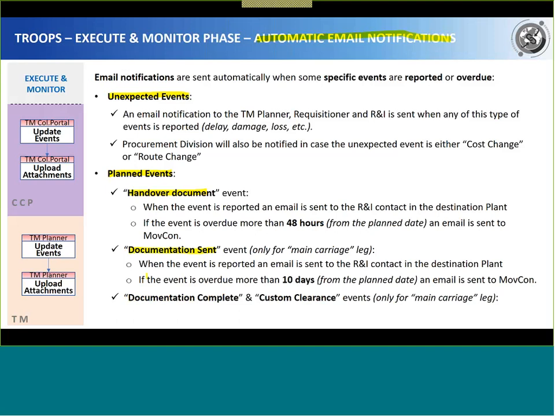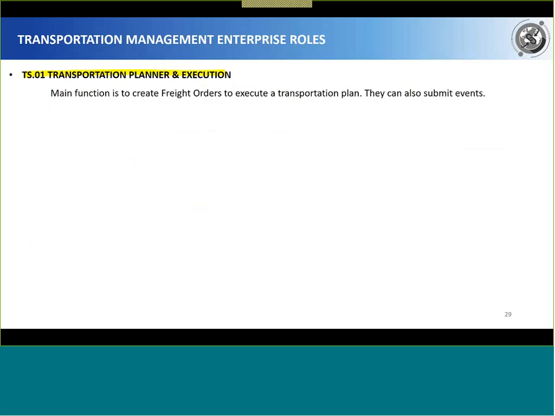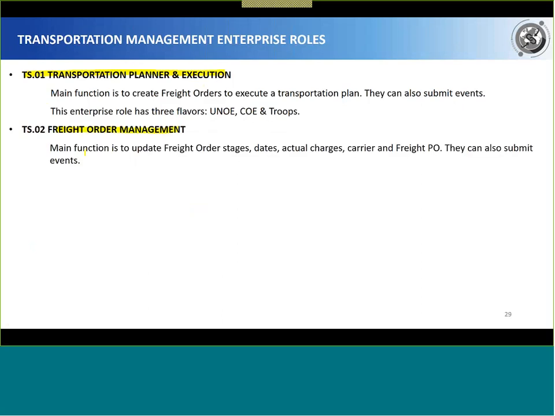When and which events trigger automatic email notifications, just for your reference. Then you have the different enterprise roles that are being implemented in TM. You have the planner under main functions, the freight order management, with their functions.